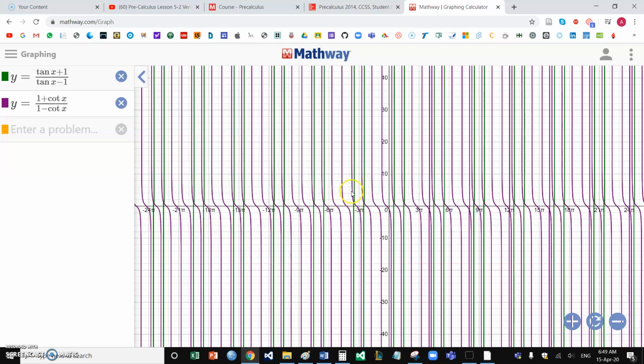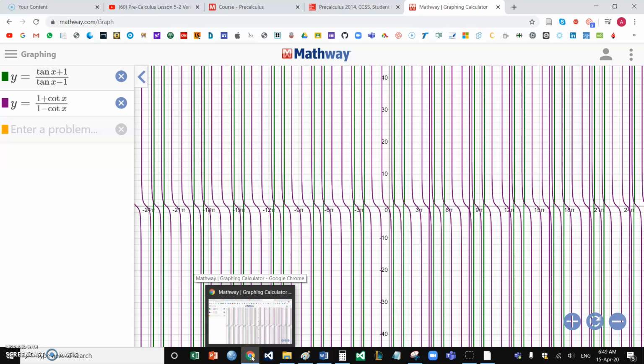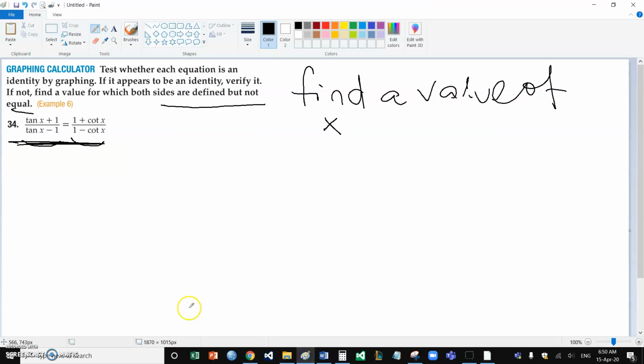Any value where the graphs are not intersecting would be the value that we're looking for. Since the graph is not that clear, let's just pick a value. For most values of x, the right side and the left side will be different, but let's just pick one.